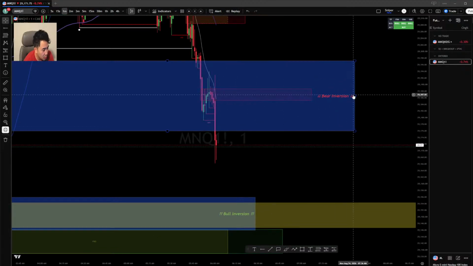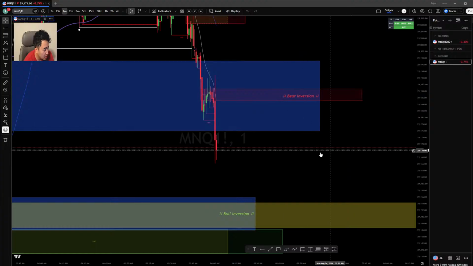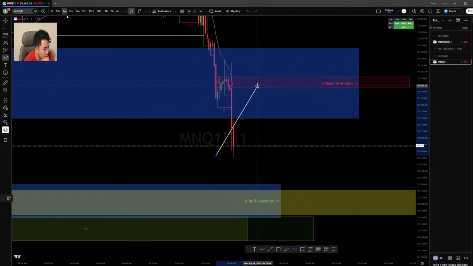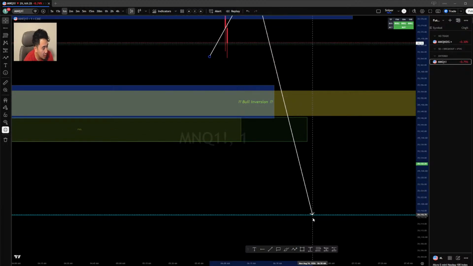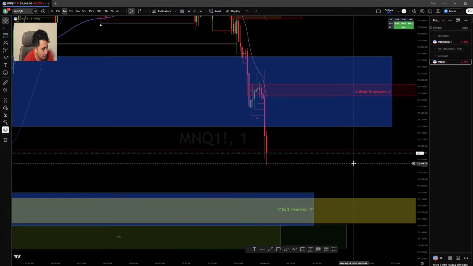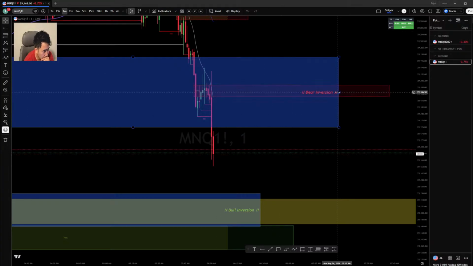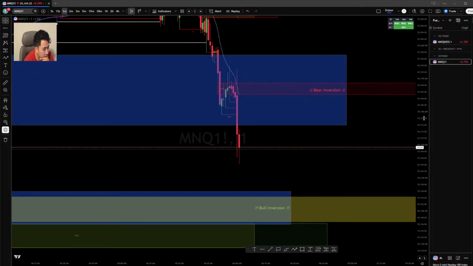I want price to pull back into this bearish inversion. That's what we're gonna look for, and then let's say entry off of there. If it does pull back, then we could target this 1 minute liquidity down here. That was a quick scalp on that one there. It was a good trade.